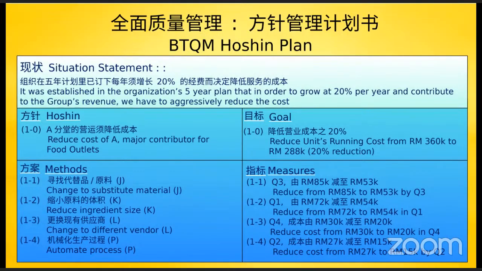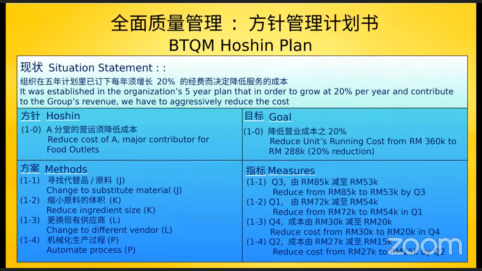So you will have savings of 18,000 plus 32,000. You already have 50,000. Then change to different vendor. This is going to reduce by 10,000 from 30,000 to 20,000.